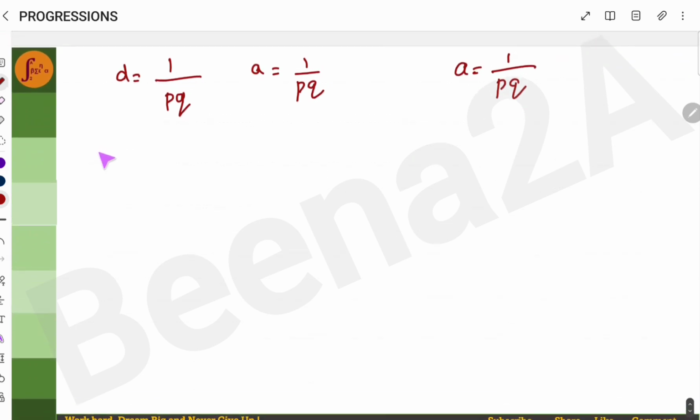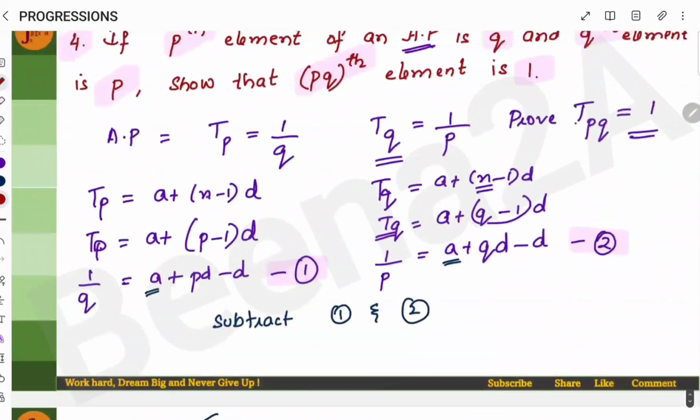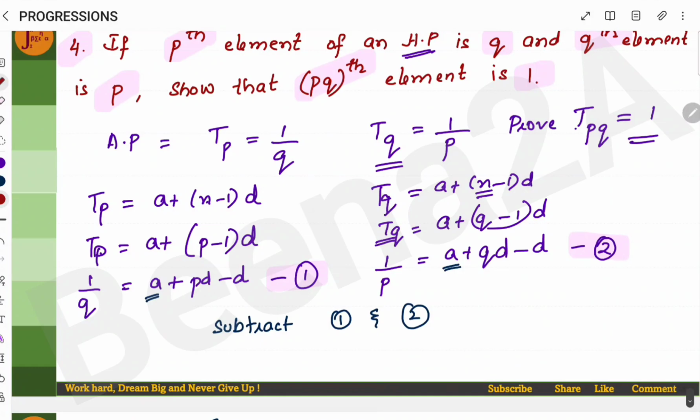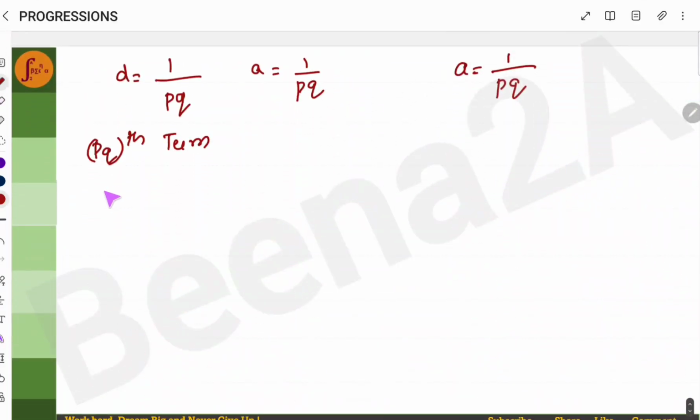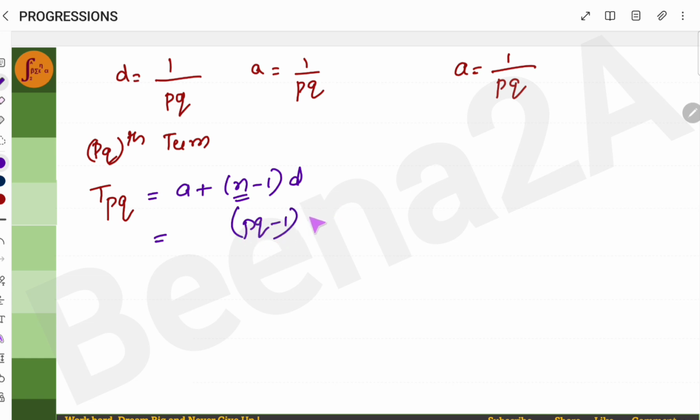Now we need to find PQth term. The way we found Pth term and Qth term, we'll have to find PQth term. PQth term would be TPQ, which is equal to A plus n minus 1 into D. Instead of n, I'll put PQ. So we'll get PQ minus 1 into D. What is D? D is 1 by PQ. What is A? A is also 1 by PQ.